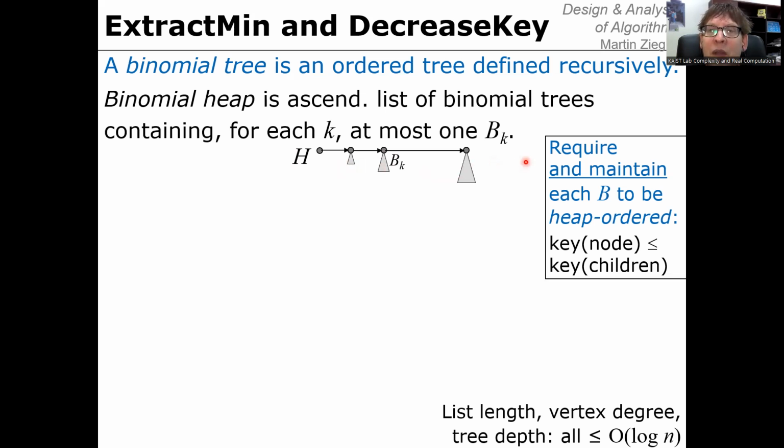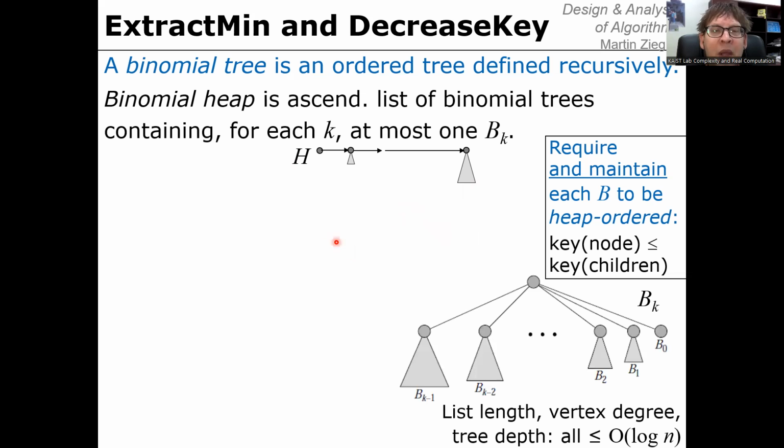After we've arrived at the end of the list in logarithmically many steps, we've found the smallest root, and thus the root of the binomial tree within the binomial heap that we're going to remove. So let's say, for the sake of example, that this is the smallest root, and now we're going to remove that from that binomial tree.